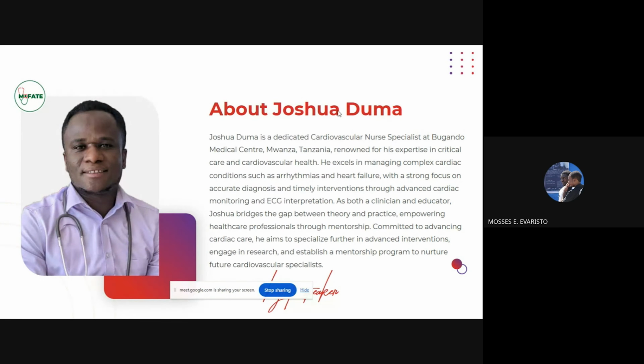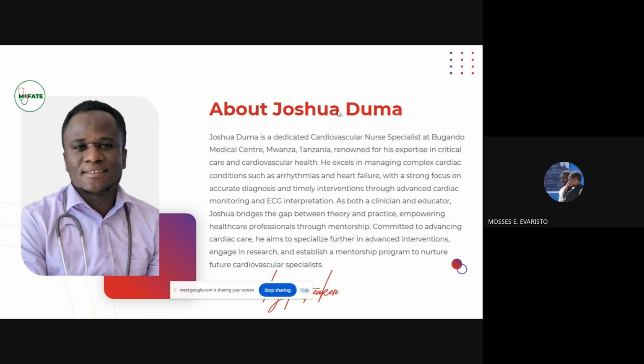And finally, we have Mr. Joshua Duma. Mr. Joshua Duma is a dedicated cardiovascular nurse specialist at the Bugando Medical Center, Mwanza, Tanzania, renowned for his expertise in critical care and cardiovascular health. He excels in managing complex cardiac conditions such as arrhythmias and heart failure, with a strong focus on accurate diagnosis and timely interventions through advanced cardiac monitoring and ECG. This is the most important area that he will be taking us through.